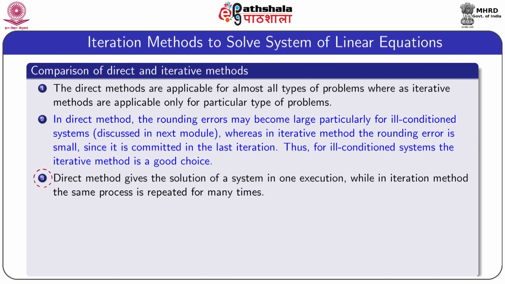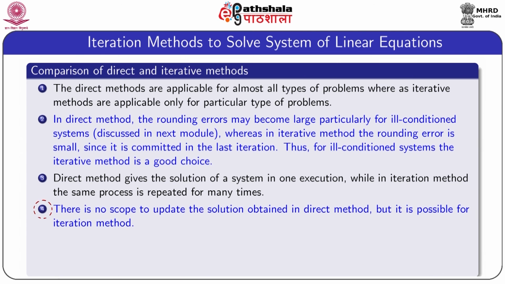Direct methods give the solution of a system of equations in one execution, while the iteration method is repeated many times to get the convergent solution. There is no scope to update the solution obtained in a direct method, but it is possible for the iteration method. In the iteration method, in each iteration we update the approximate solution to get a better result.